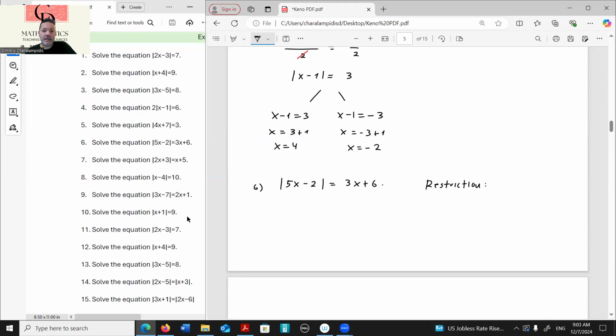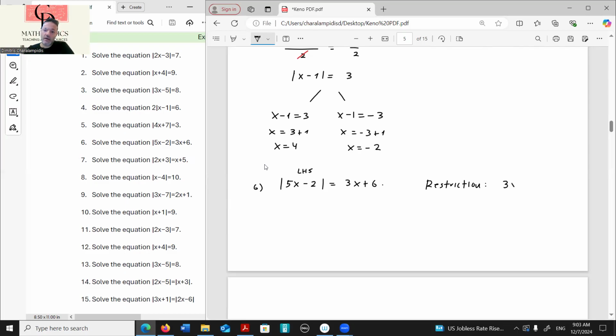Since the left-hand side is an absolute value, and we know that the absolute value stands for distance, and distance is always greater or equal than 0, the left-hand side should always be greater or equal than 0, which further means that since this left-hand side is equal to the right-hand side, the other should also be greater or equal than 0.